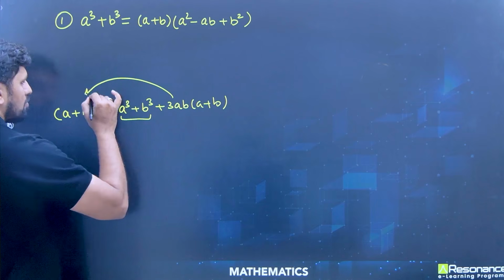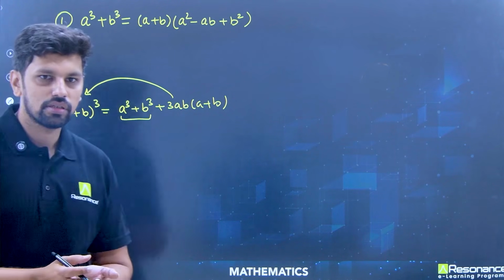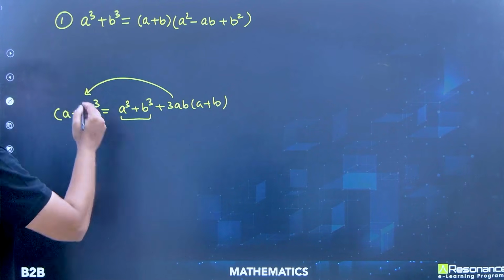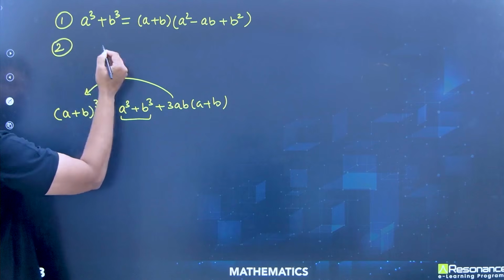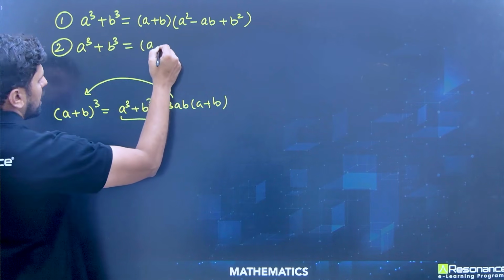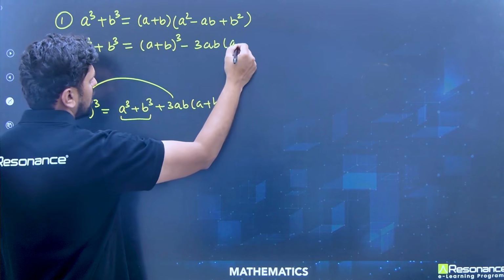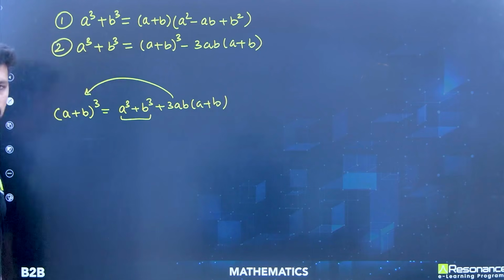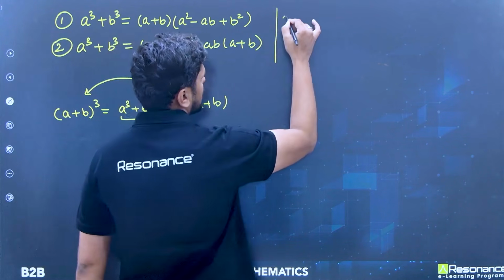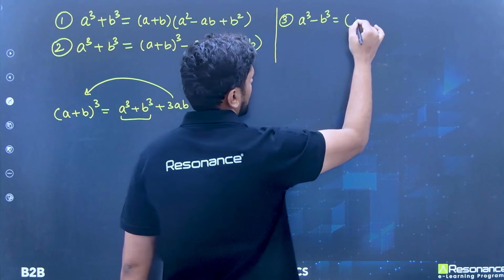So I will just put it here. I will explain at last. Don't worry. Another question we will explain at last. So A cube plus B cube will be equal to A plus B whole cube minus 3AB into A plus B. Correct? Similarly, I will write A cube minus B cube. We have already done that.